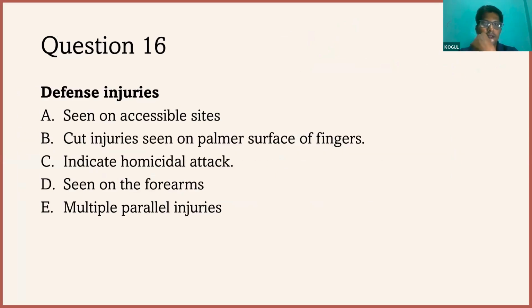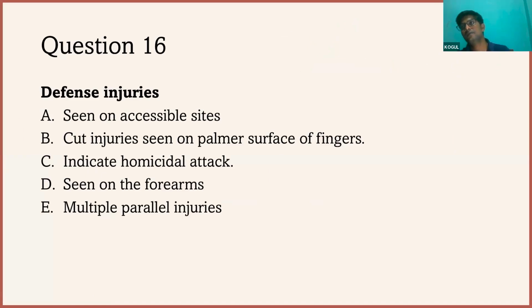Then, defense injury is seen on the accessible side. That is true, no? Usually while defending it's the accessible side. But this indicates that defense injury is not only on the accessible side, because sometimes you can get defense injuries on the back of the chest also.